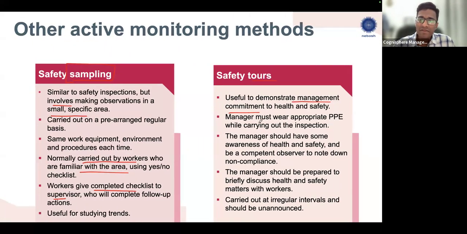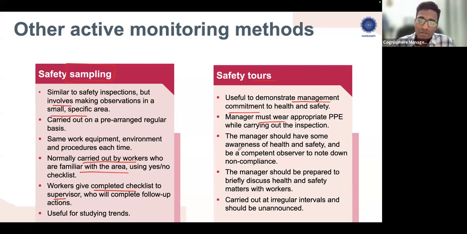Managers must wear appropriate PPE while carrying out the inspection. If the management is visiting the warehouse, they must follow the warehouse rules and wear the required PPE. That is another way of demonstrating commitment to people and health and safety.